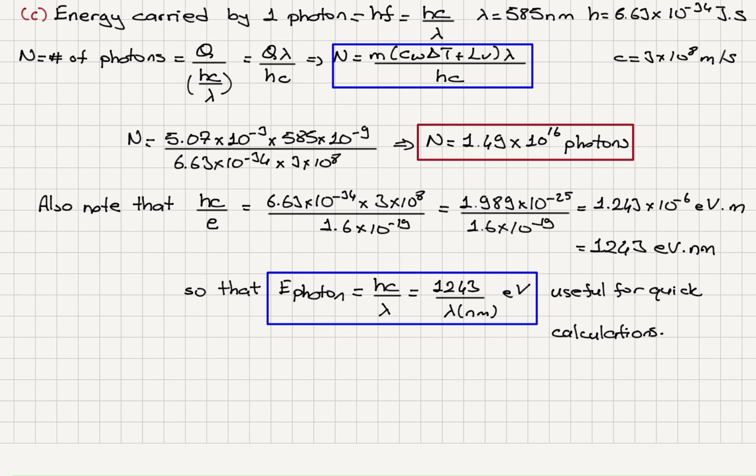That gives us capital N, 1.49 times 10 to 16 photons. And finally, we note that this energy carried by one photon, hc over lambda, if you plug in the numbers for h and c and divide it by the electron charge, we obtain 1243 electron volts divided by a wavelength given in nanometers.